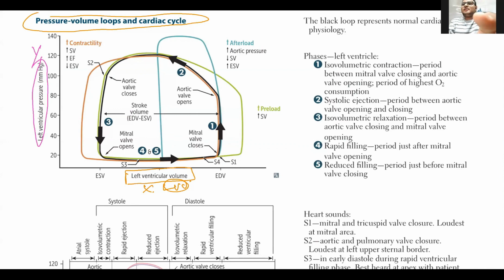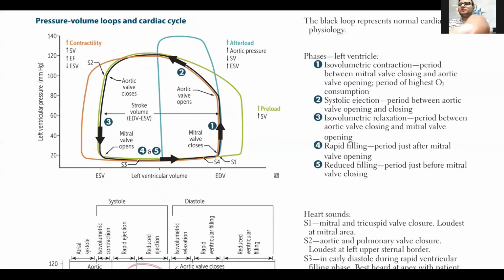Then we will make this diagram like this, and at this level there will be end systolic volume, and at this level there will be end diastolic volume. Okay, so this is the volume. I already told you end diastolic volume is greater and end systolic volume is less. So end systolic volume is this and end diastolic volume is this. Now we will study one by one.